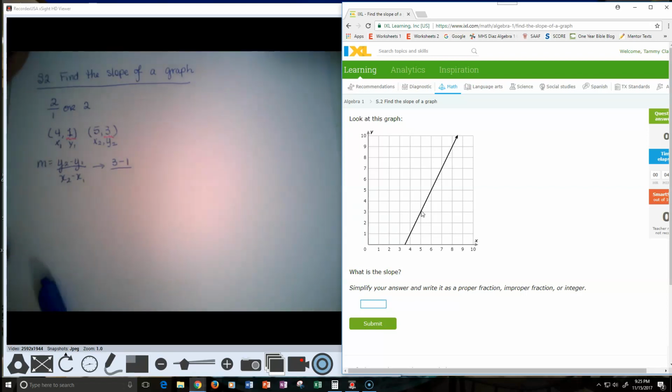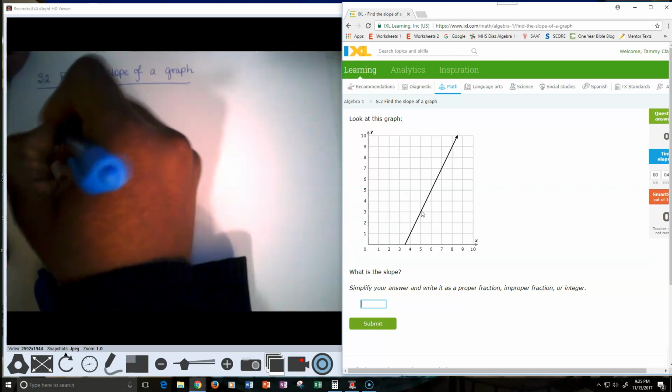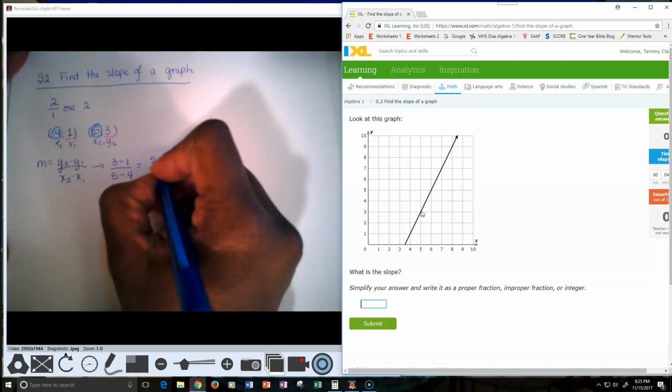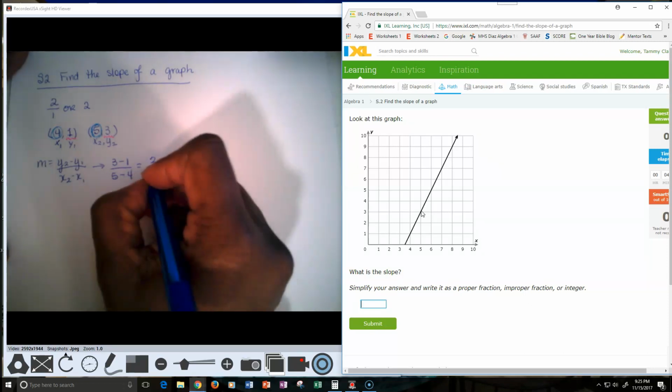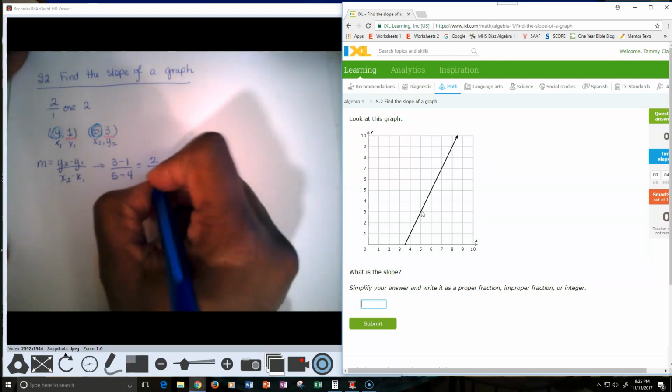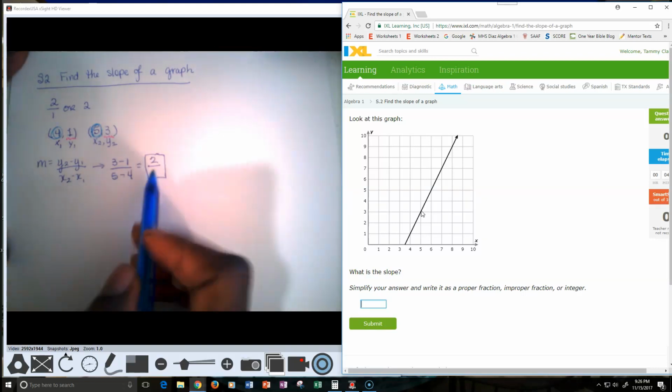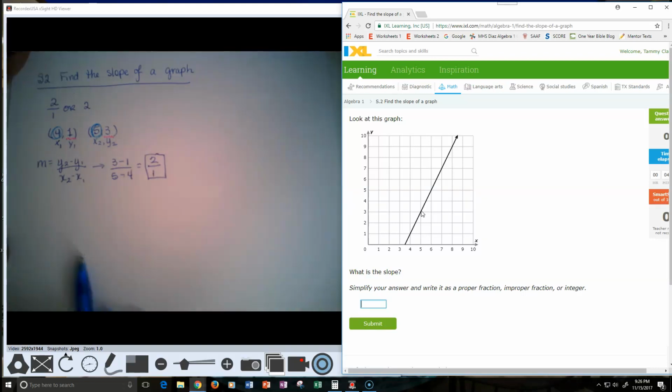Then I'm going to subtract the 2 X coordinates. So 3 minus 1 is 2. 5 minus 4 is 1. So again, we confirmed that our slope is indeed 2 over 1. We did it algebraically, and we also did it using the graph. So we can just write this as 2 because it says we can write it as an integer.